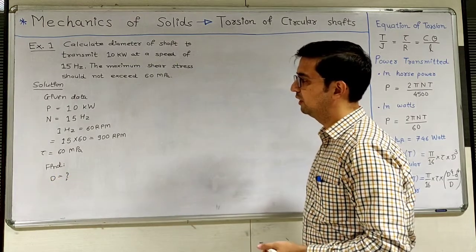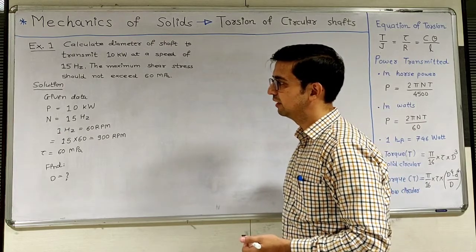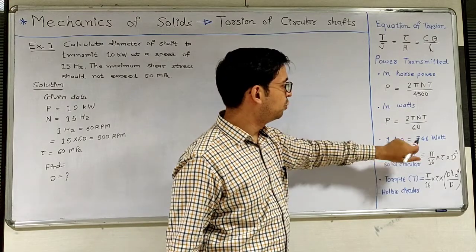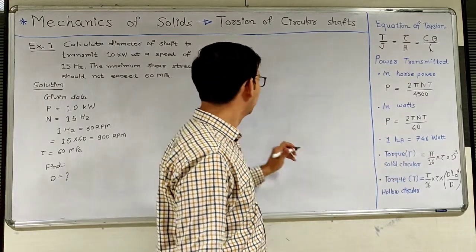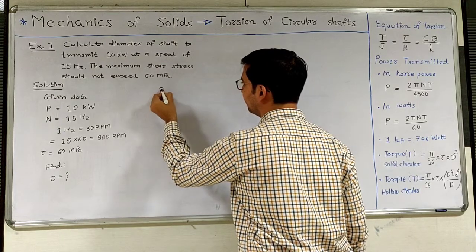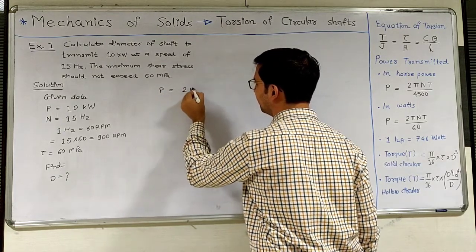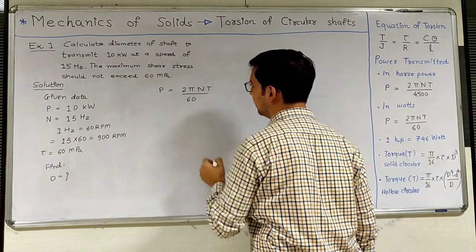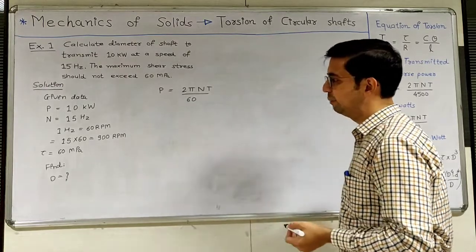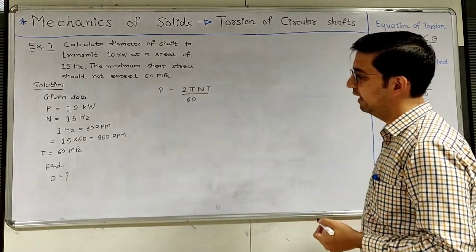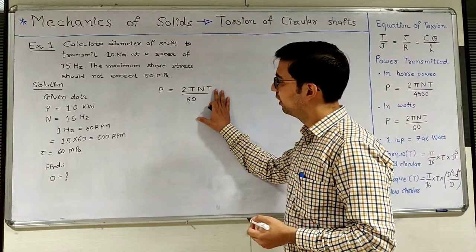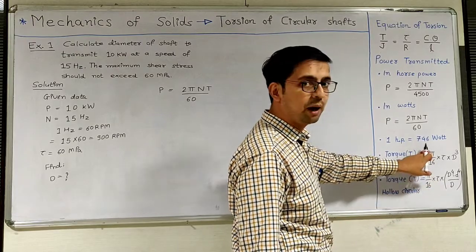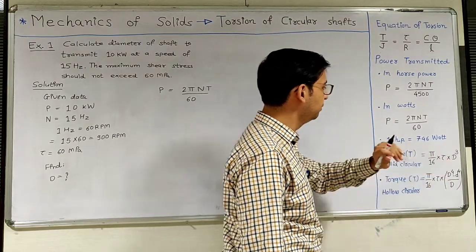As we know, the equation of power transmission in watt is P equal to 2 pi NT by 60, and we need the diameter. The diameter is related with torque T in solid circular section, pi by 16 into tau into D cube.